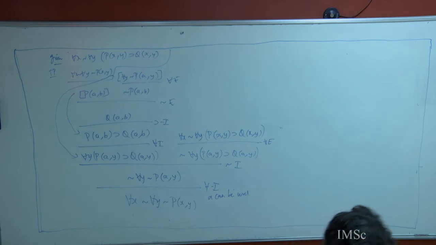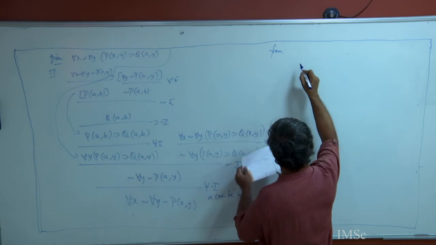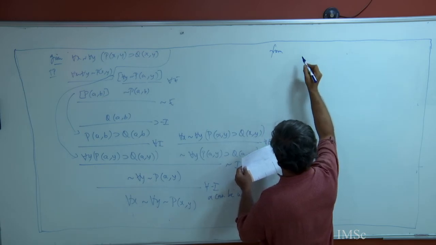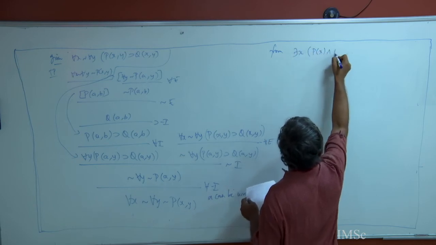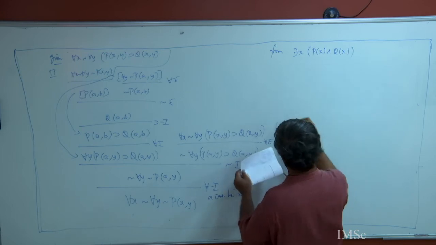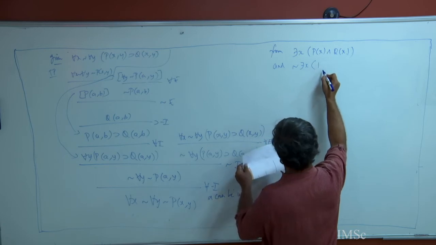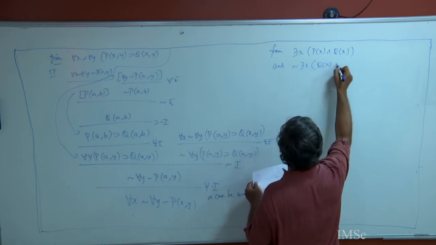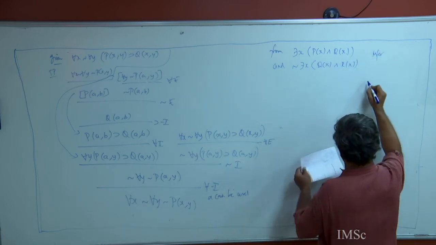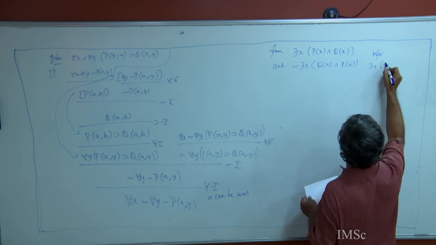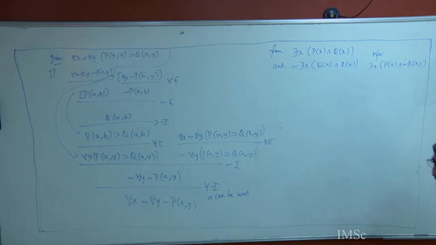semantically at least. Okay, so here from there exists x, Px and Qx, and not there exists x, Qx and Rx, infer there exists x, Px and not Rx.